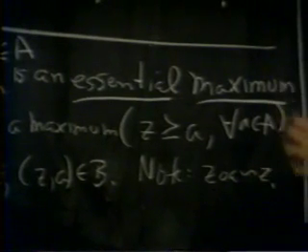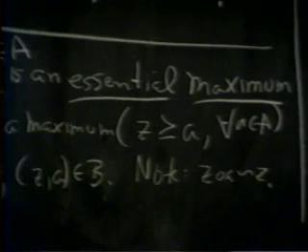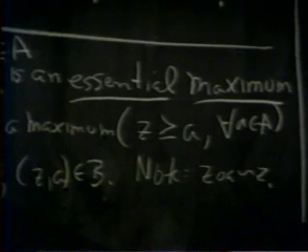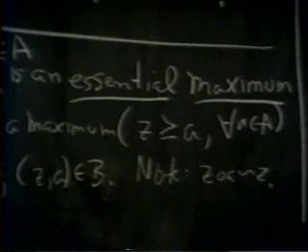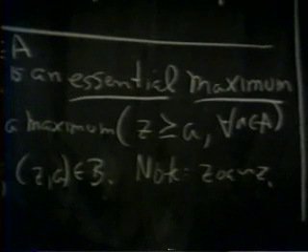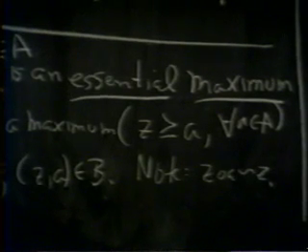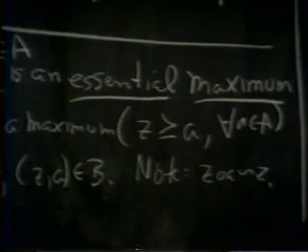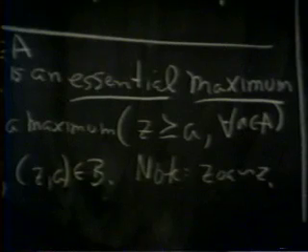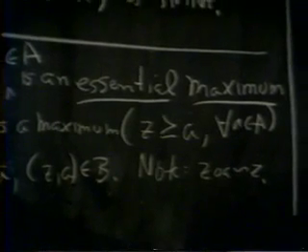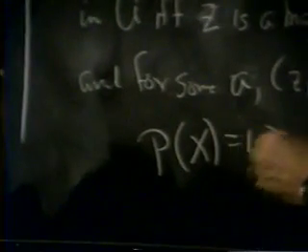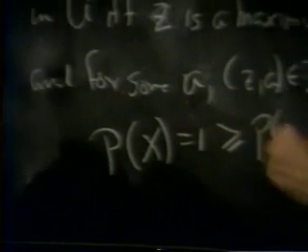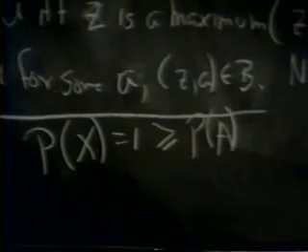Is this a realistic thing to be concerned about? Well, we know of at least two very important examples of structures that have essential maxima. The first of these is any probability structure, where the universal event is going to be a maximum element, that is, the probability of the universal event, call it X, is 1, and it is greater than or equal to the probability of any other element in the system.